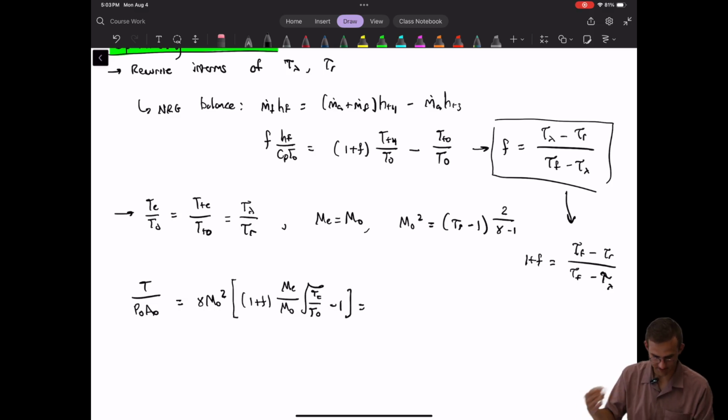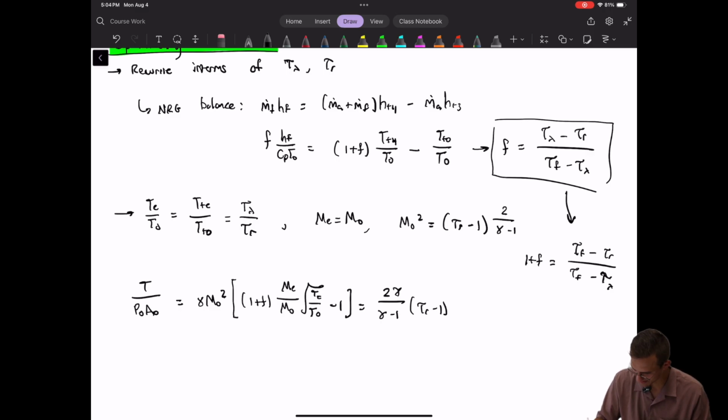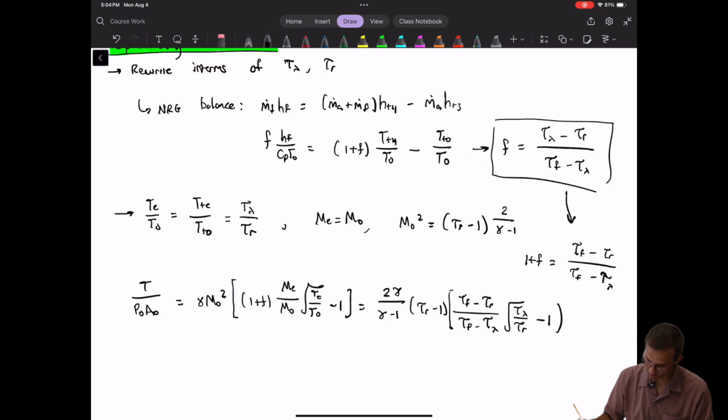And we can express that in terms of all the different taus in the following way: 2 gamma over gamma minus 1 times the quantity tau r minus 1, times this big fat thing here, tau f minus tau r divided by tau f minus tau lambda, times the square root of tau lambda over tau r, minus 1.